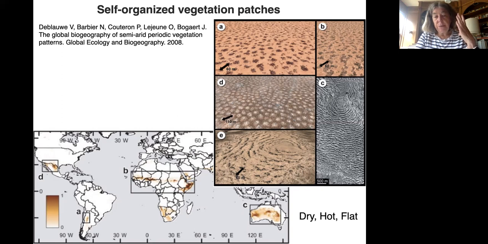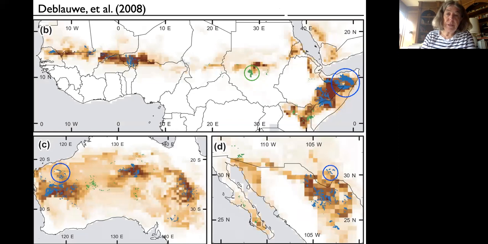So their places to look are those brown regions on the globe. A lot of it is based off of where the observations were made, but they also discovered some new places. So in particular, this is another one of their figures.